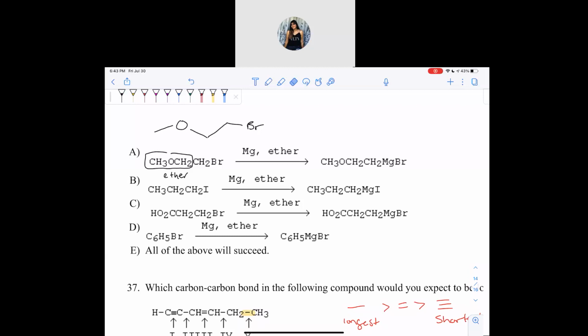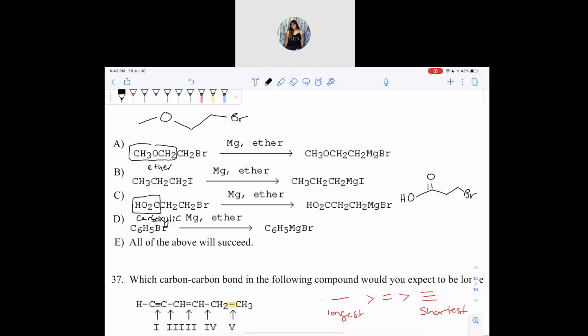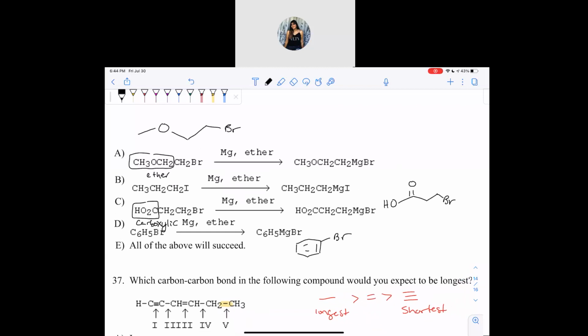B is just an alkyl chain, so I'm not going to bother drawing that out. This is a carboxylic acid, so it looks like this. And this last one is just a benzene ring with a bromine on it. Right? So in a Grignard reaction, which one of these will fail?